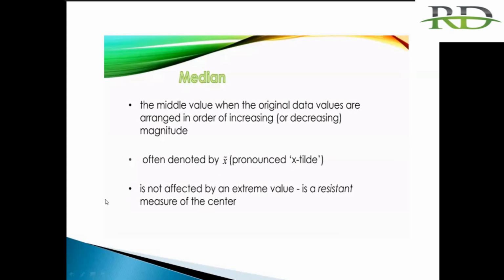This is X tilde. It is not affected by the extreme value. See, it is a resistant measure of the central tendency. So this is a robust measure for measuring the central tendency of the data in hand when the data is skewed or not symmetric.